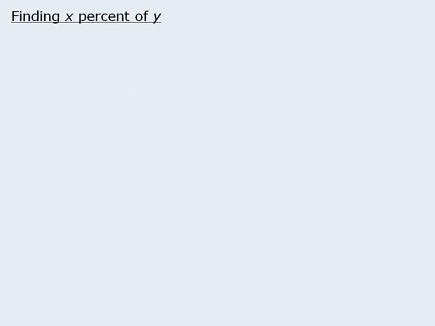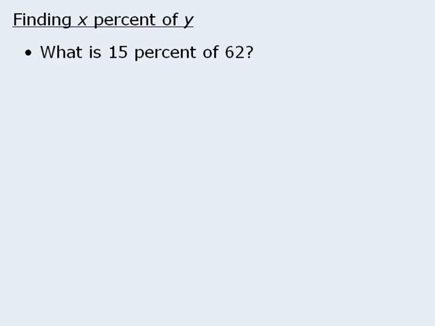Here's how. Let's say we want to find 15% of 62. To do this in our head, we first calculate 10% of 62, which is 6.2. Now here comes the most important part. If 10% of 62 is 6.2, then 5% of 62 must be half of 6.2. So this is equal to 3.1.